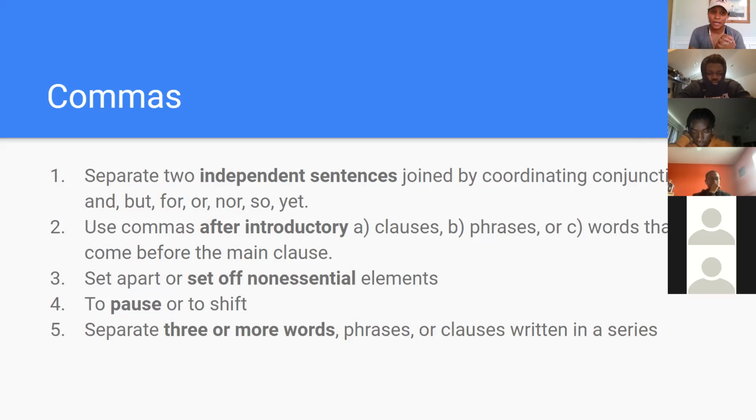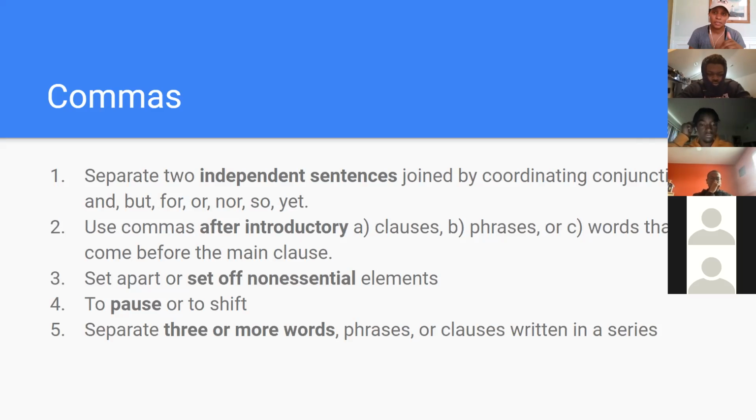I want to use commas after an introductory clause or phrase, words that come before the main clause. What do I mean by that? I mean that before every class, Professor Smith grabs her coat. Before every class, Professor Smith grabs her coat.